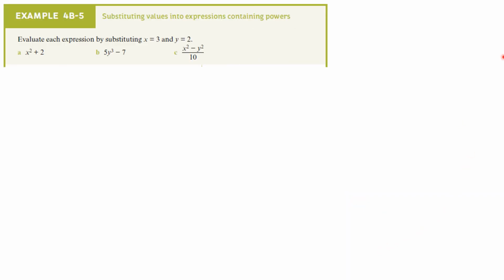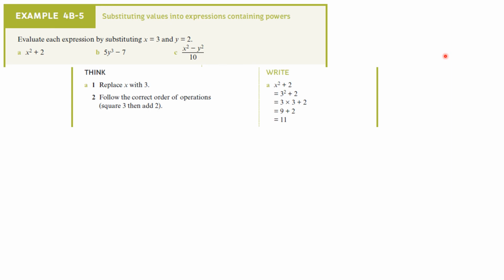All right, this is the last slide. Now we're looking at some questions where we involve powers. So again, we're getting just a little bit more complex. Question A. We have x squared plus 2. X is 3. So if we substitute the x with the 3, we have 3 squared plus 2. 3 squared is the same as 3 times 3.